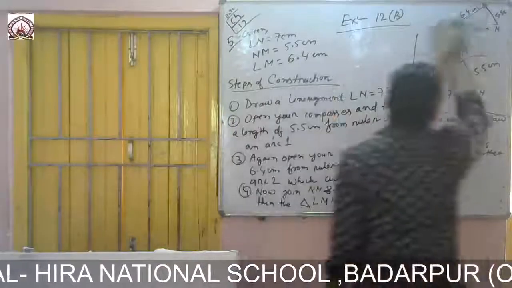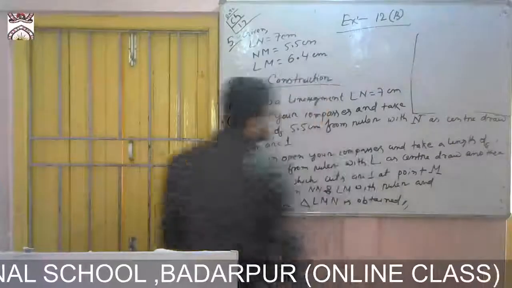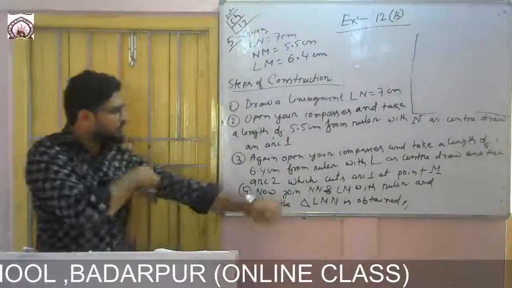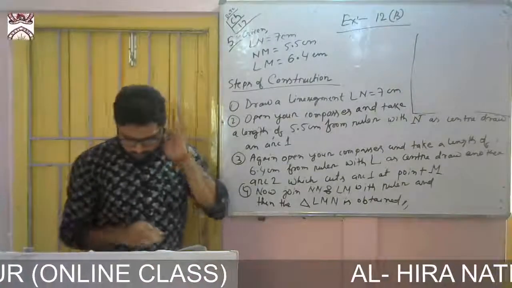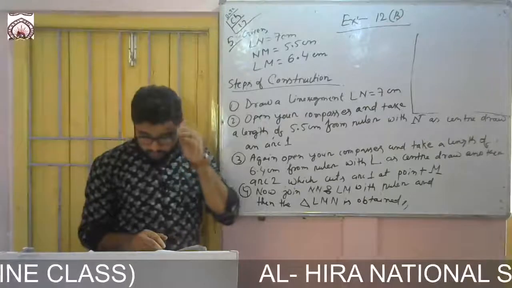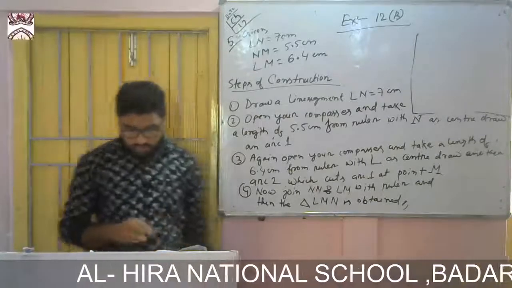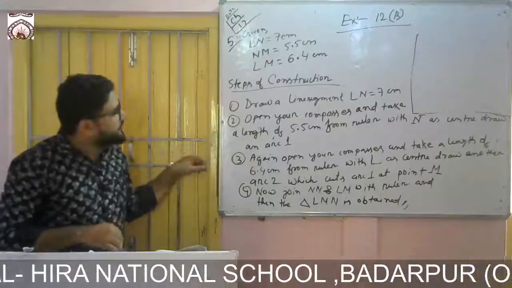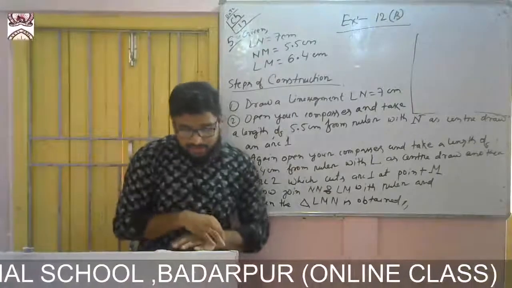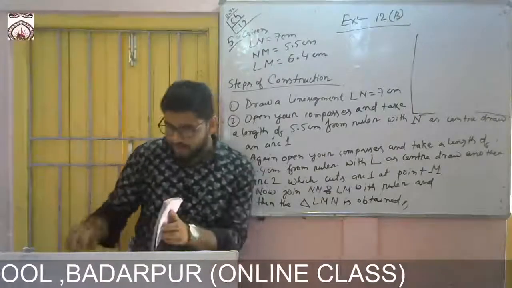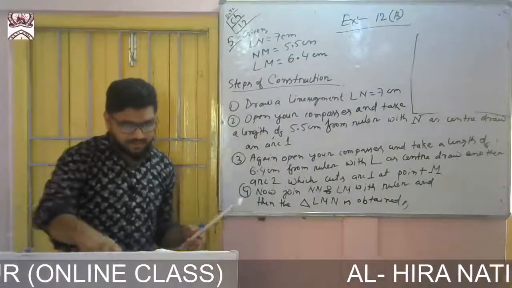So see how to draw. First you draw AB equals to 6 centimeter. So from scale you draw AB equals to 6 centimeter.